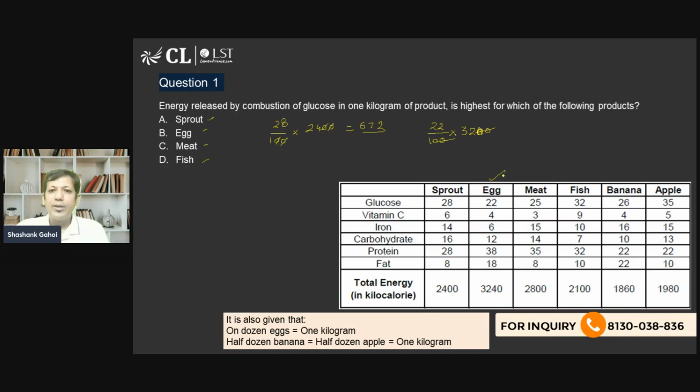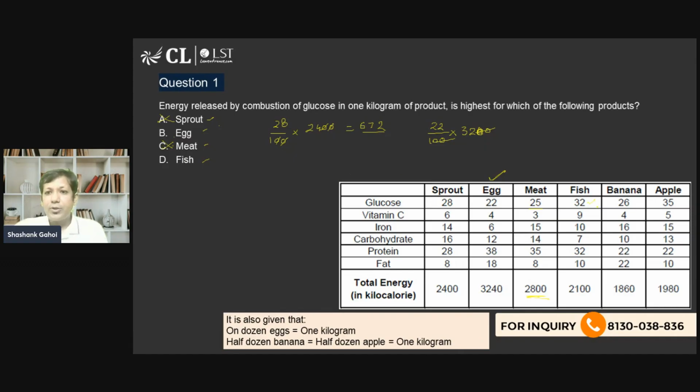So egg gives us a value that's more than 700, so sprout cannot be the answer. Now for meat, it is 25% of 2800, which is going to be 700. So definitely egg is generating more than 700, so meat cannot generate the maximum energy.